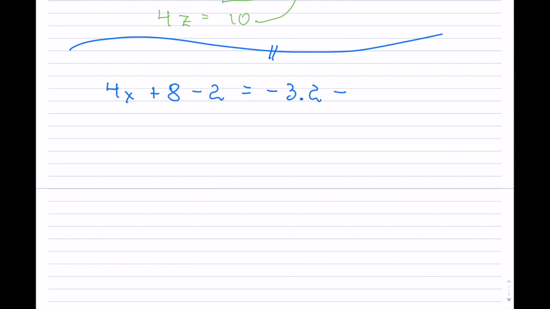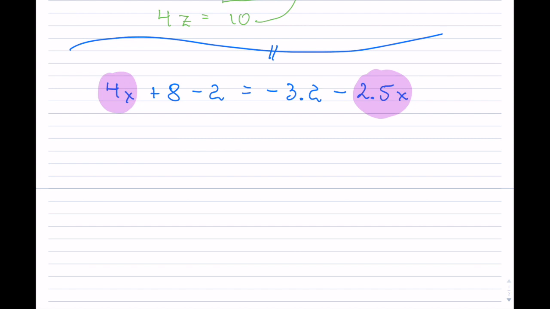Let's say negative 2.5x. So now I have x on both sides. I have one term with x here, and I have another term with the x here.